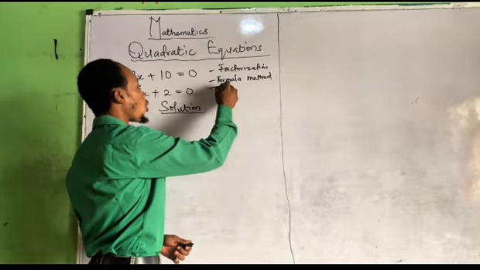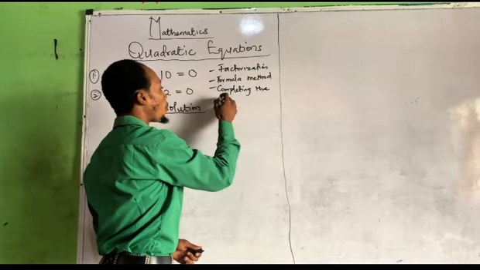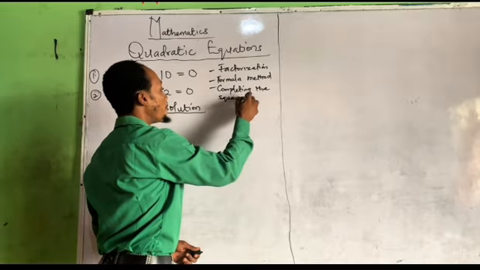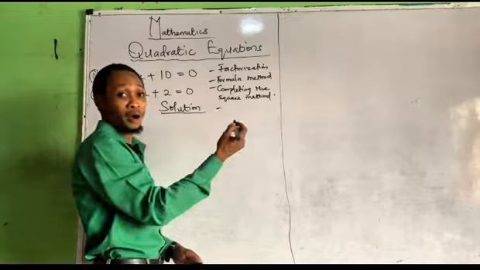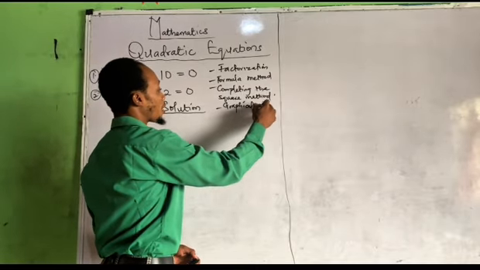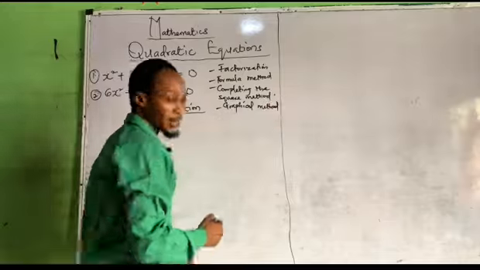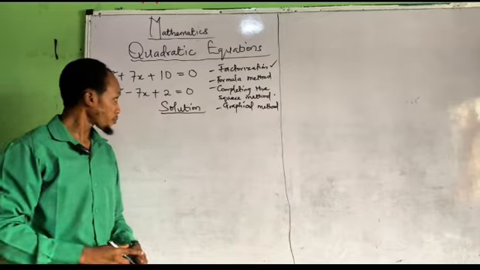We also have the completing the square method, and lastly, the graphical method. We'll be looking at the factorization method for this class.